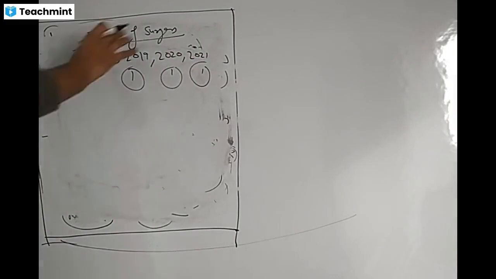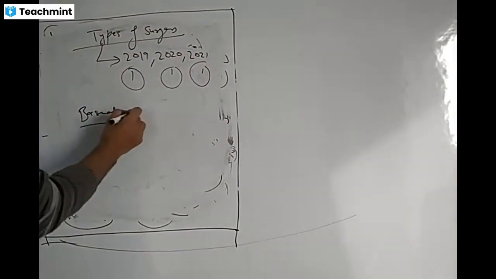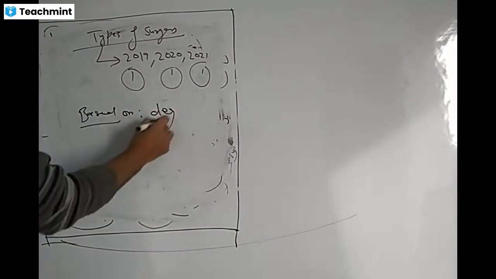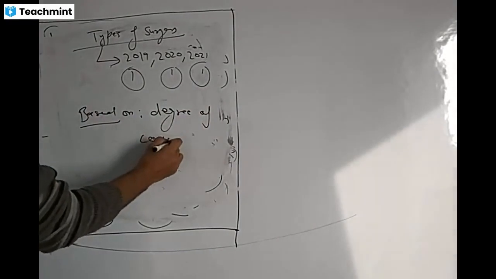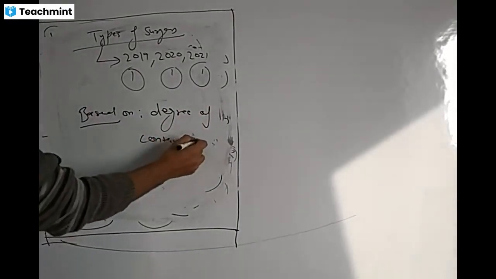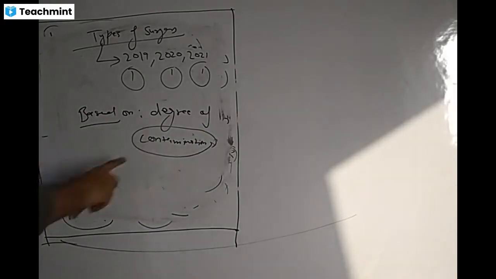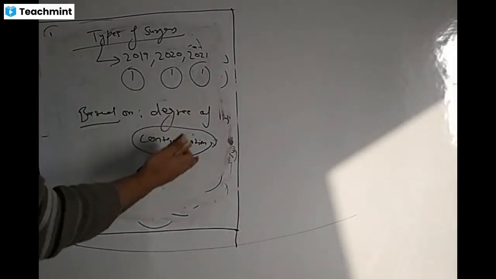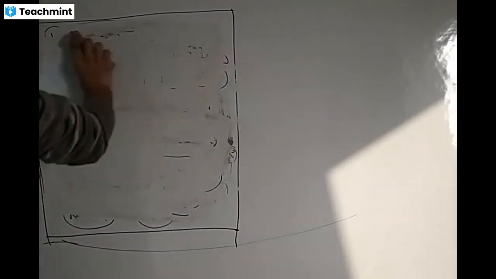So for the types of surgery, first we classify based on degree of contamination. Based on degree of contamination means the surgery which you are performing is contaminated or clean, infected or dirty.